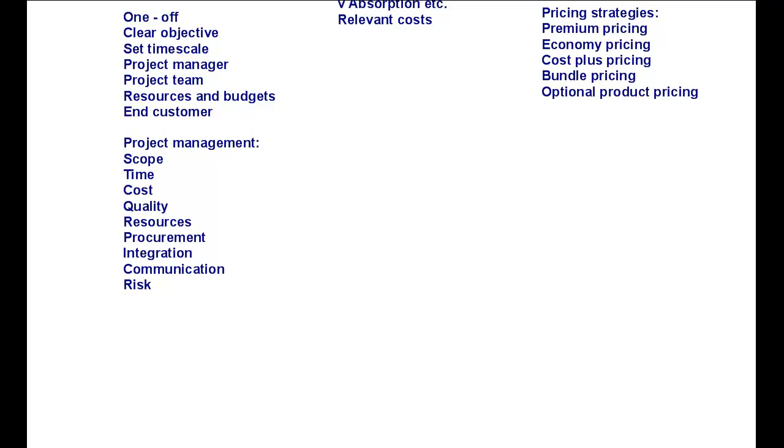And procurement as well is all about getting the right supply. So if you need to bring in certain external contractors or raw materials for the project, have you got a good procurement system in place to ensure that those resources are being brought into the organization in time for use in the project?